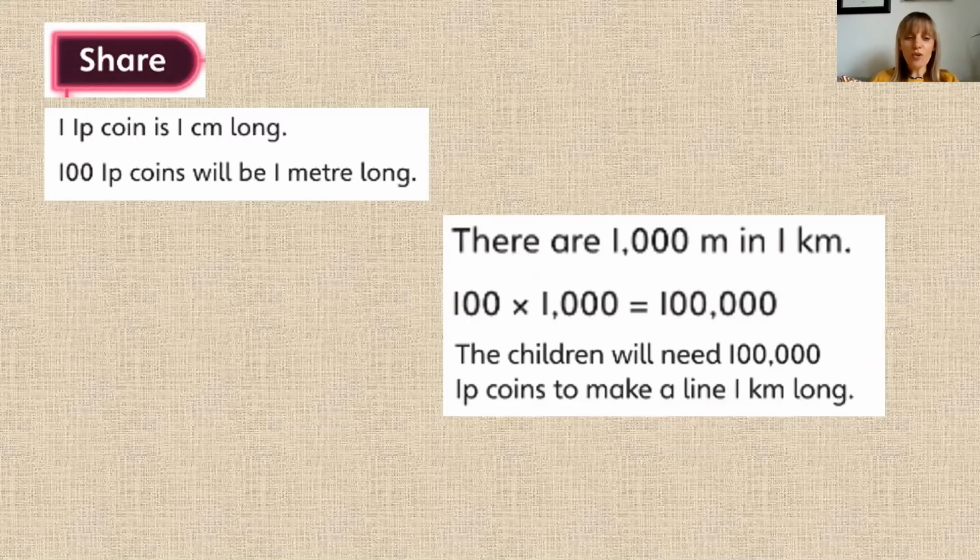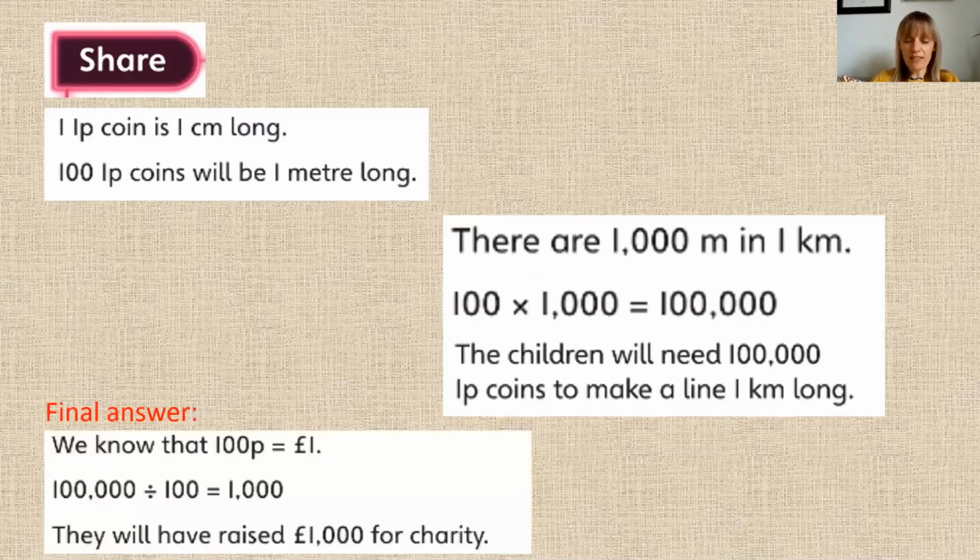Now from there we've got to decide how much money that's going to raise, so we know 100 pennies is £1. So at the moment we've got 100,000. So if we do 100,000 divided by 100, that's going to give us £1,000 we've raised for charity. Now, I think this is quite a confusing question because there's lots of converting.